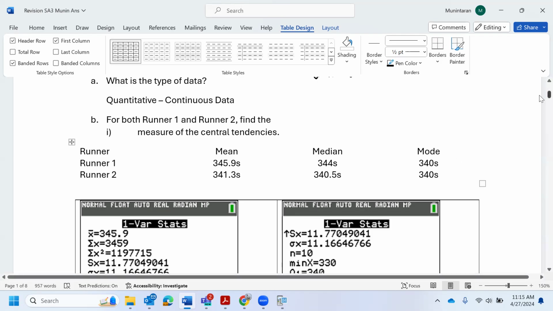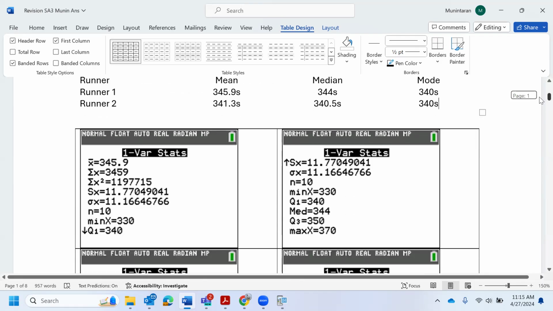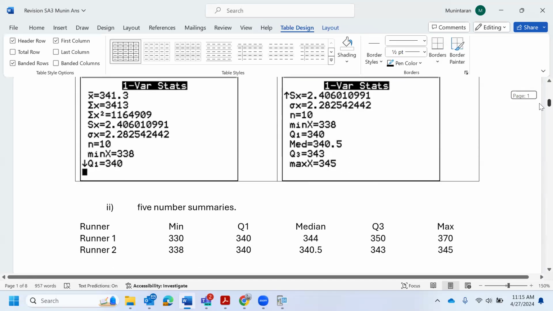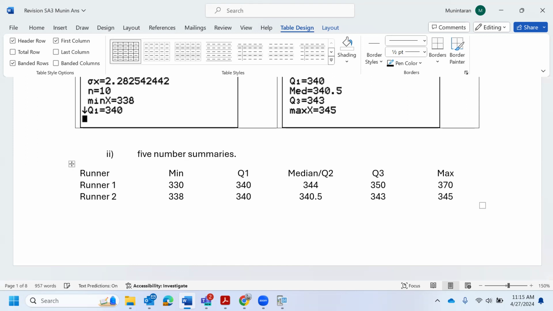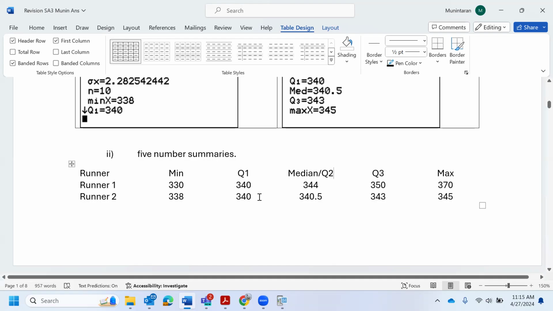If you have a question, you can just stop and unmute yourself and ask. Next, they ask for the 5-number summary. The 5-number summaries are also the same. Make sure you arrange in a sequential form: minimum, Q1, median (also known as Q2), Q3, and maximum.